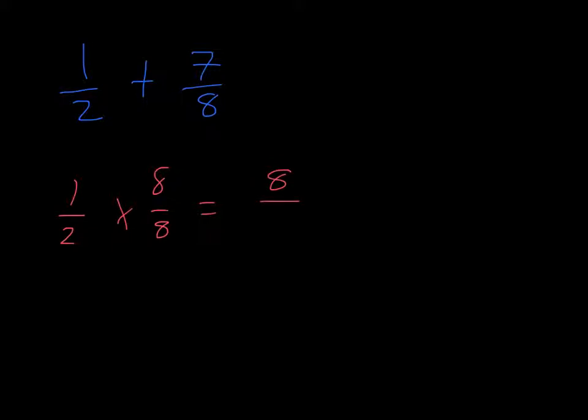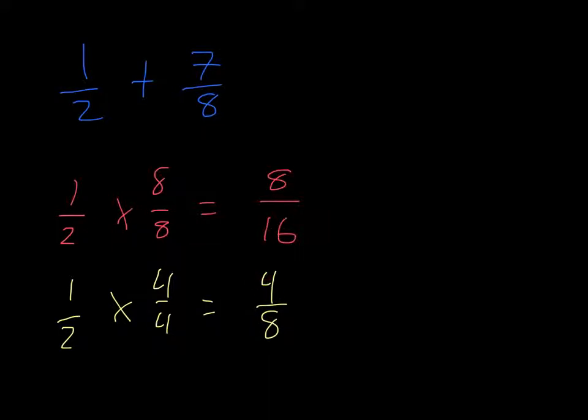Now I want to add a quick note that some of you have caught on to and some of you haven't. If we have something like 1/2 plus 7/8, you can change it so that you are doing 1/2 times 8/8 to get 8/16. Or you can say, I know that 2 already goes into 8, so I'm not going to modify my 7/8. Instead, I'm going to modify 1/2 and multiply that by 4/4, which is 4/8, which is the same as 8/16.